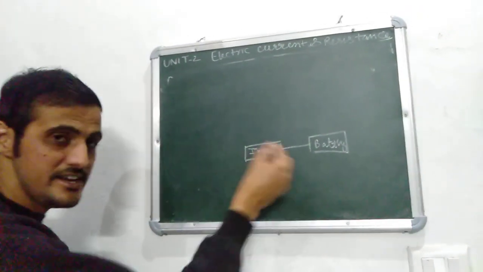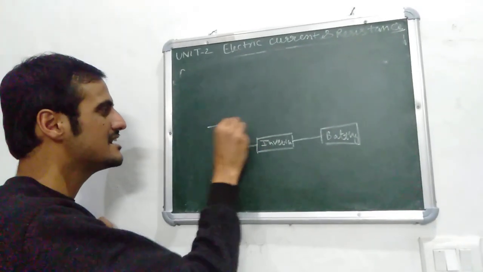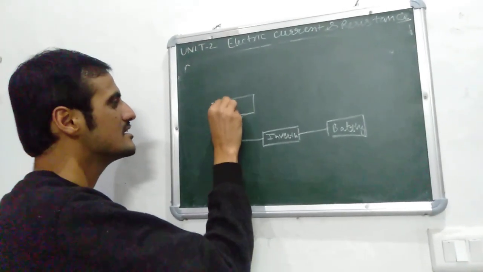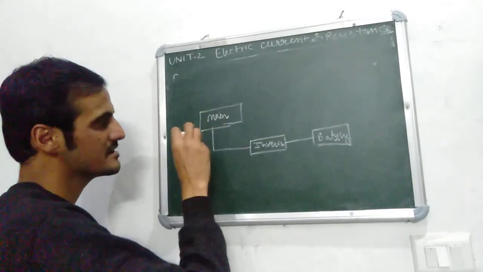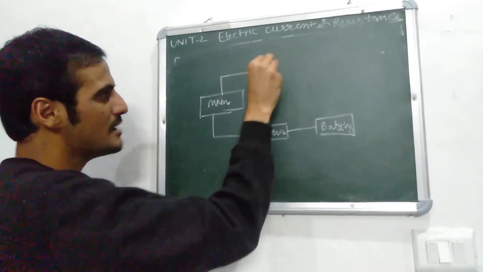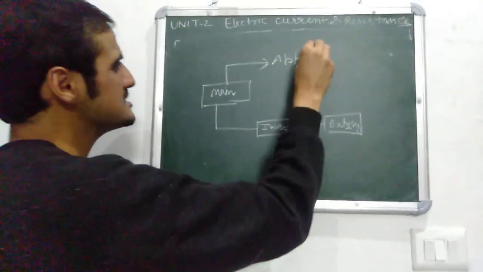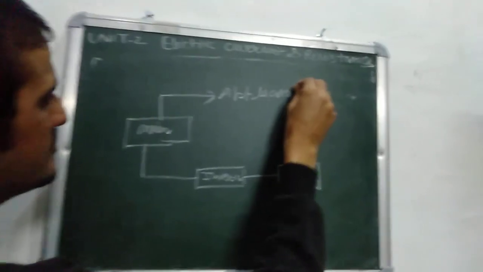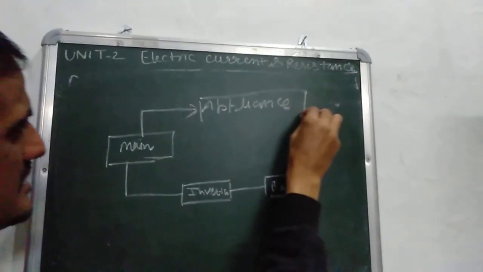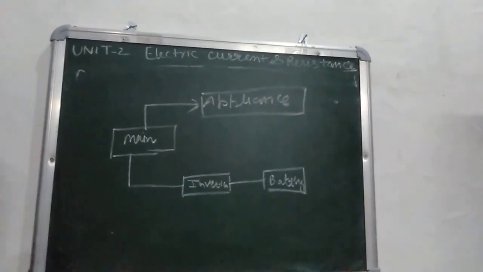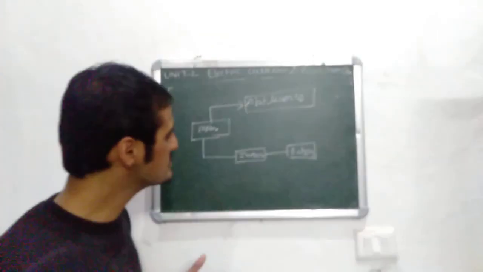Okay, and the inverter is attached to the main supply, and the main is attached to appliances. What type of appliances are in the home? Fridge, refrigerator, LED. There are a lot of appliances. Washing machine that we are using.